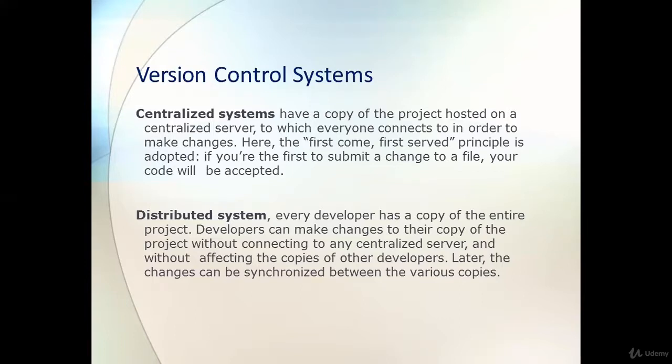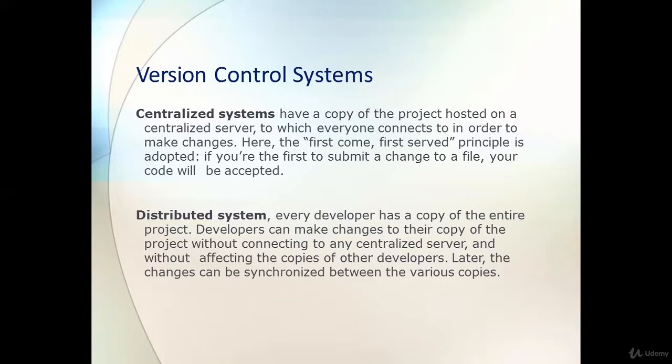Centralized system can be easily accessible to the team members and they can easily write their code and publish that on the centralized version control systems. Centralized version control systems avoid the issue of conflicts because at the same time multiple users are not able to access the same file.